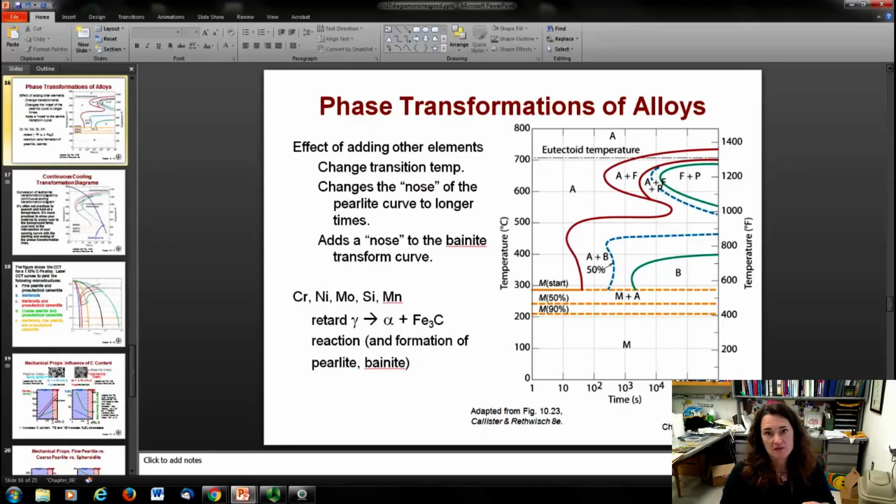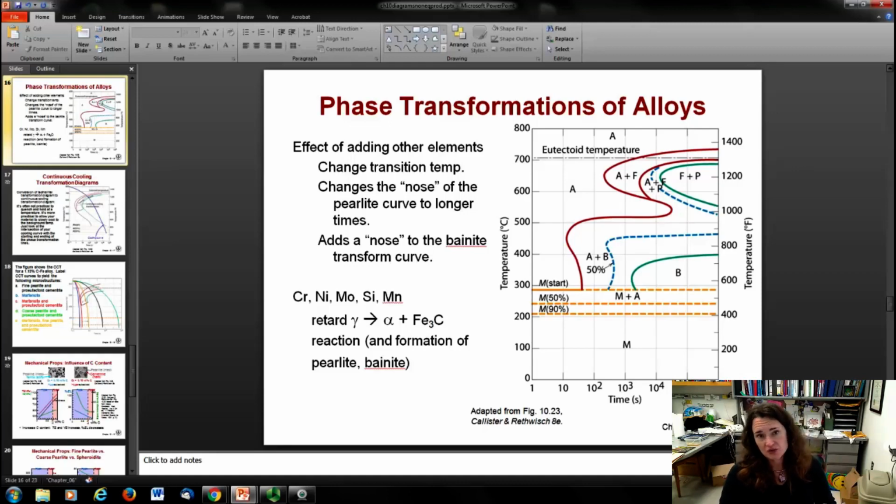Now, that was just for plain old carbon mixed in with iron. If I add in other things, like I'm making a steel, for example, and I have other dopants like chromium, nickel, moly, silicon, manganese, whatever else, then that's going to change my phase transformation diagram. It's going to change my isothermal transformation diagram as well.